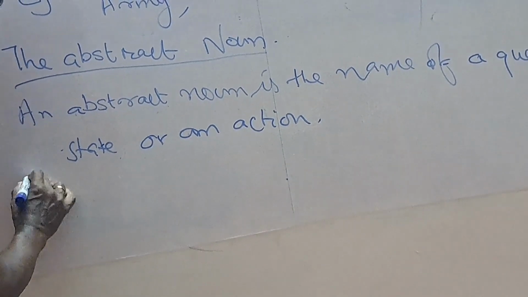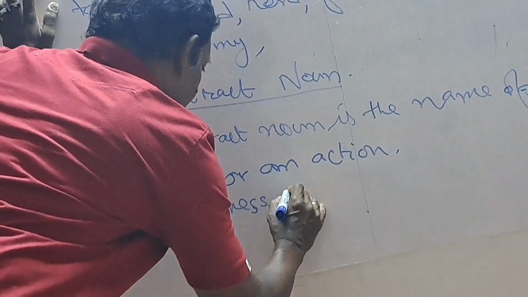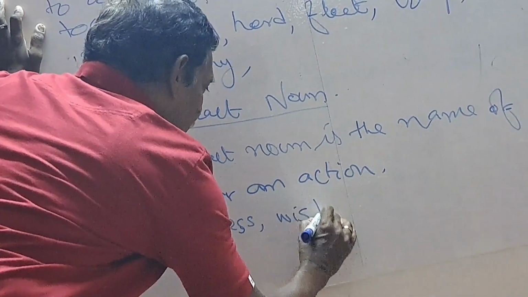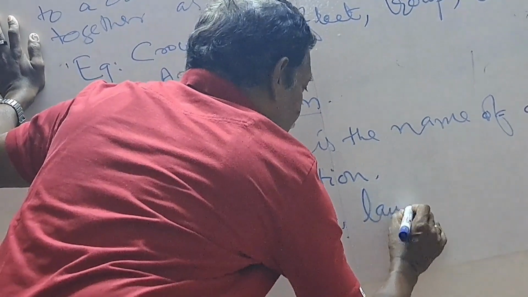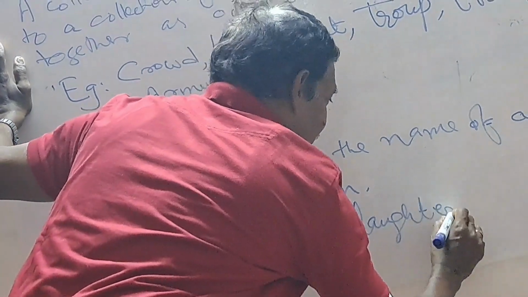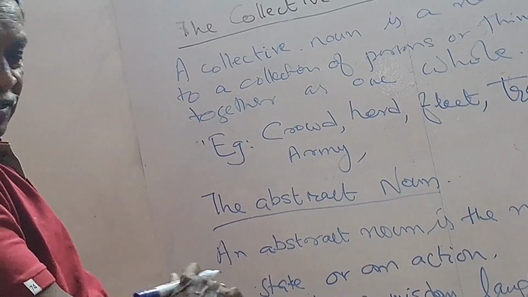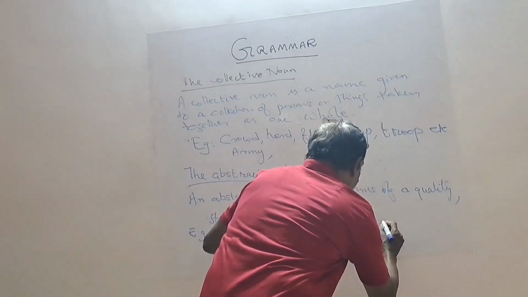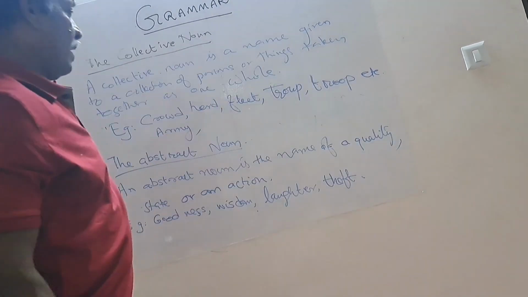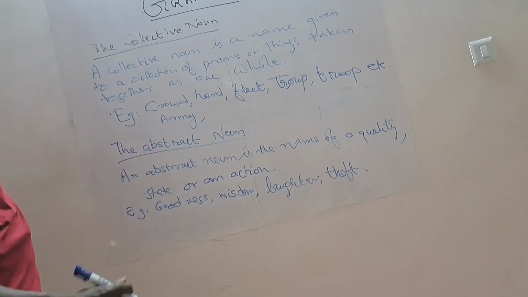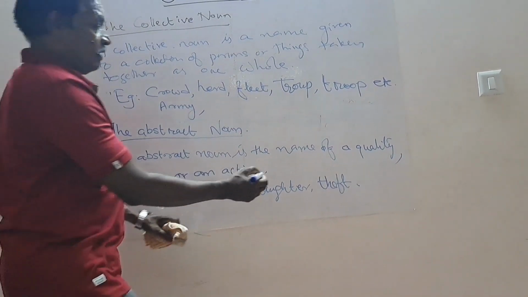Quality, example, goodness, state, wisdom, action, laughter. Okay, laughter, theft is also an example for an action. Names of abstract nouns: goodness, wisdom, laughter, theft, etc.